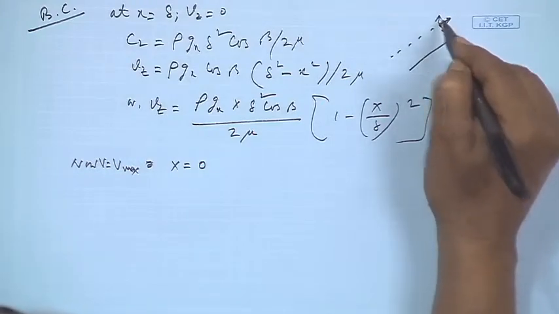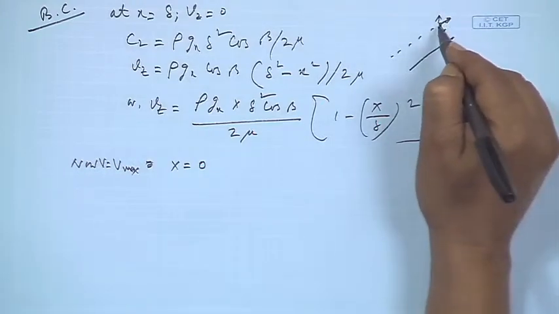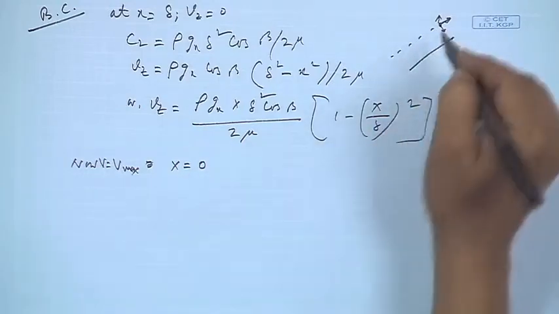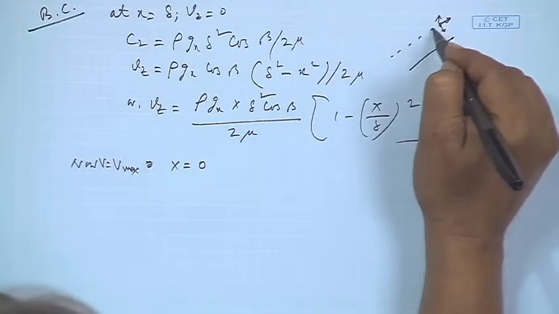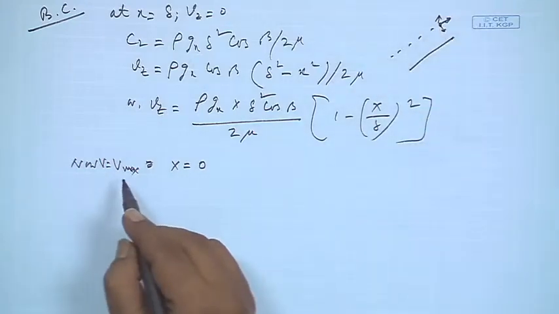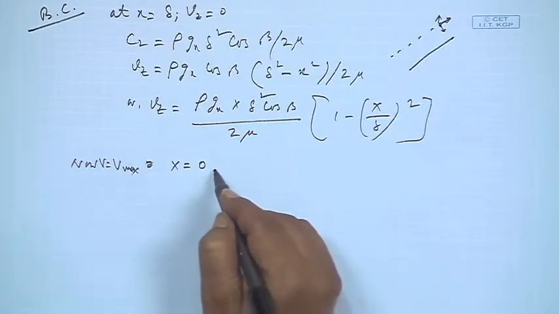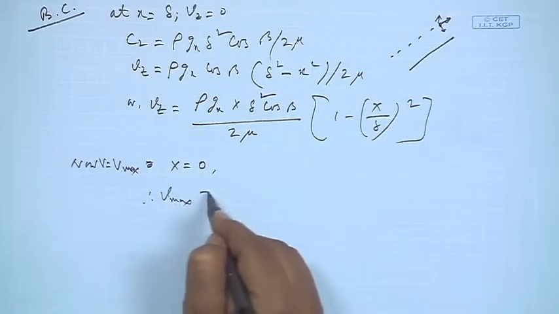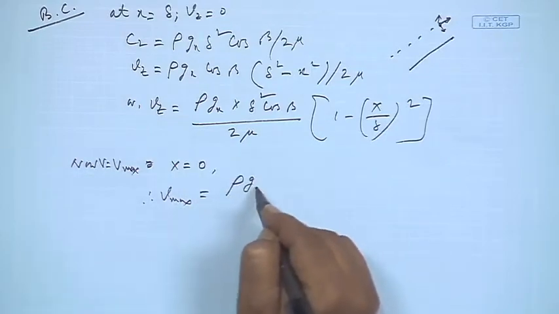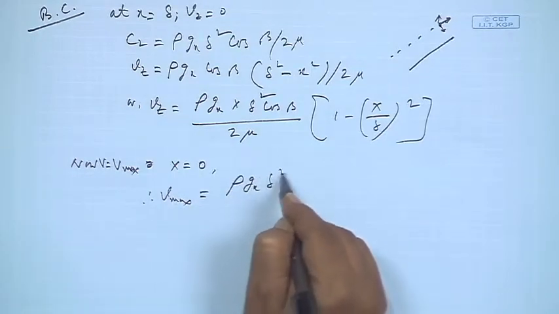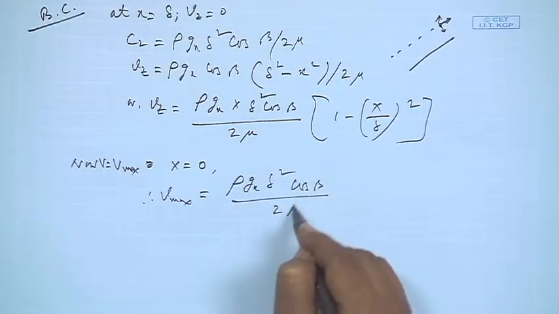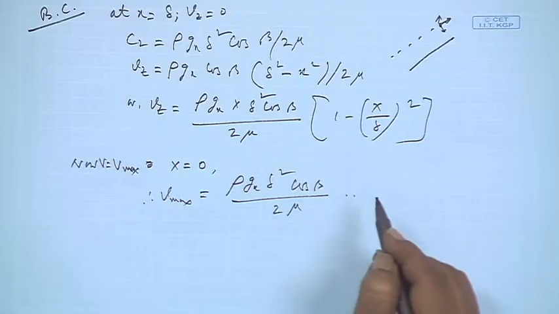This is the third direction. At x equals 0, this is the open surface, the gas-liquid interface. So V becomes V max at x equals 0. Therefore, V max can be written as rho gx del square cos beta by 2 mu.